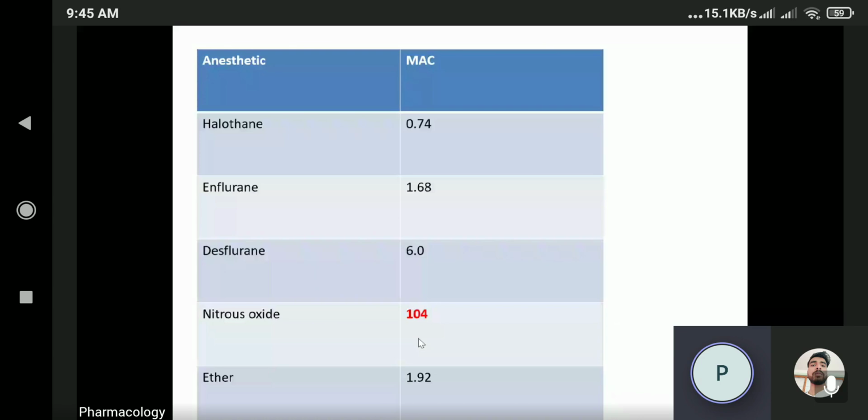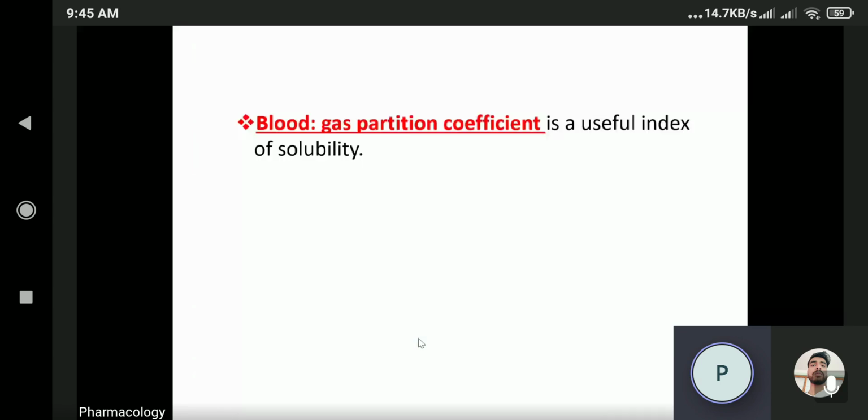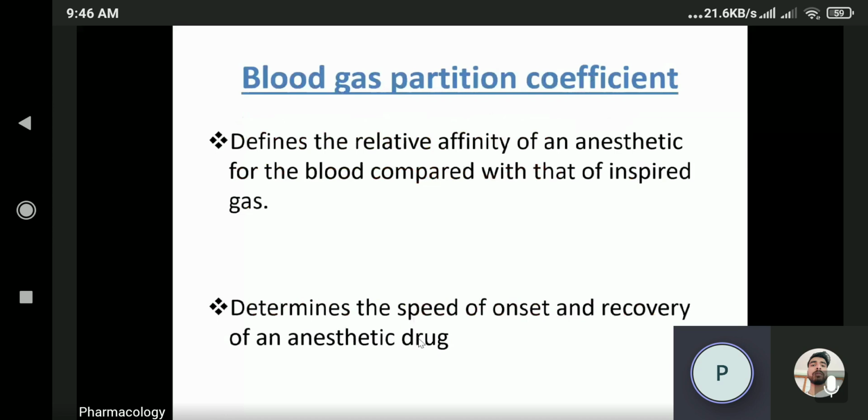So next is your blood gas partition coefficient. Okay, and this is a useful index for the solubility of the inhalational drugs. As I said, most of the drugs are lipid soluble in nature. So the blood gas partition coefficient is a useful index to let you know how fast the drug will show its action or how late it is going to show its action.